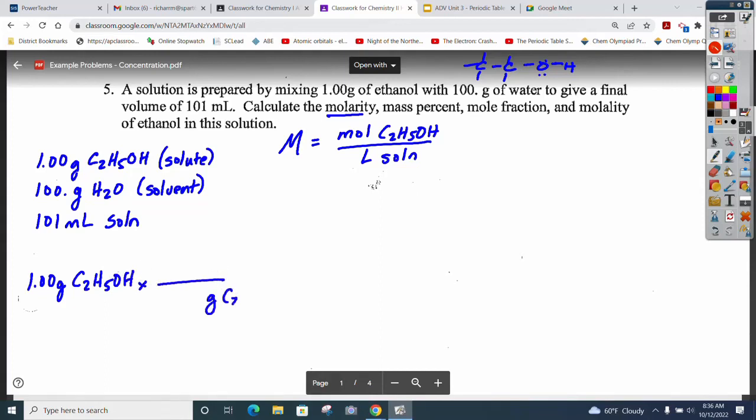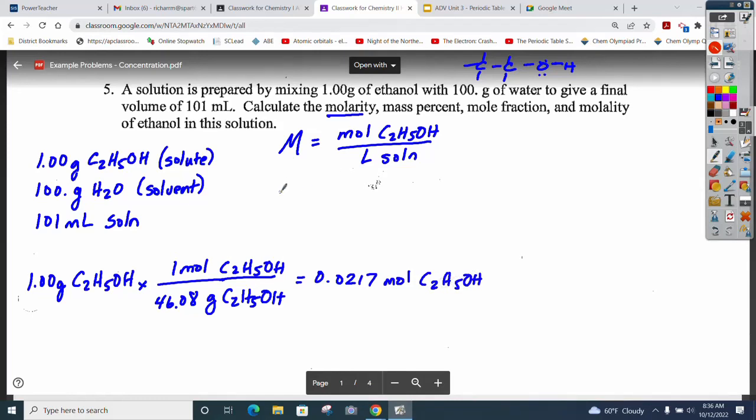Take a minute, pause the video, and calculate your molar mass. And you'll see that for every 1 mole of ethanol, the periodic table that I'm using gives me 46.08 grams. Plug and chug, and you should get 0.0217 moles of the ethanol.